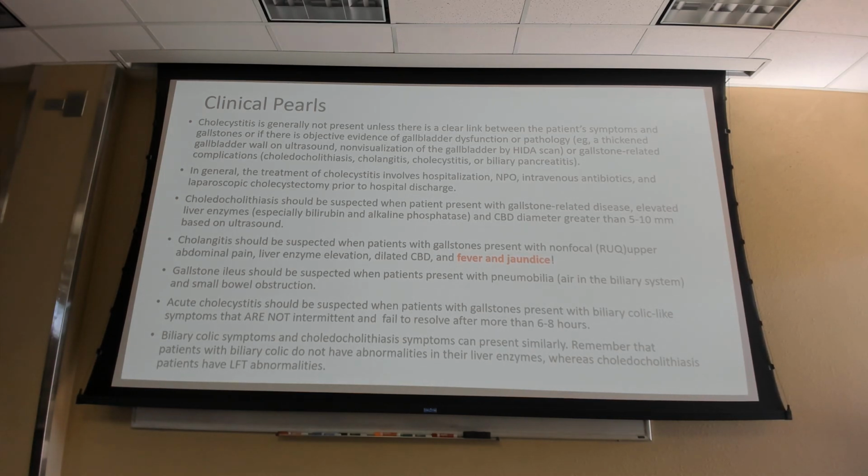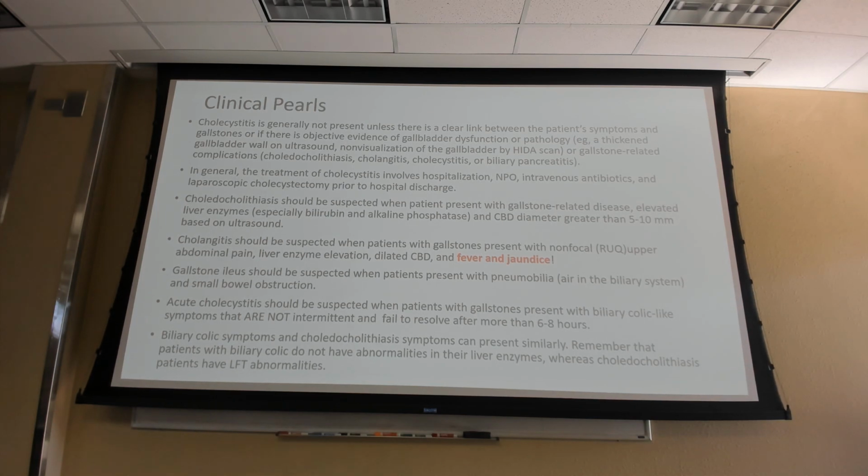So obviously, like we were saying, we call it cholecystitis when there's a clear link between those gallstones and some sort of pathology. So typically they have a thickened wall, we get the pericholecystic fluid, and then we have to make sure it's not a choledocholithiasis or some form of cholangitis versus a biliary pancreatitis.